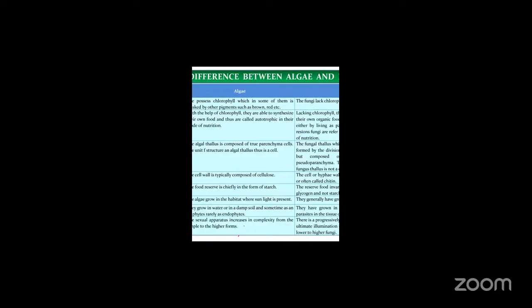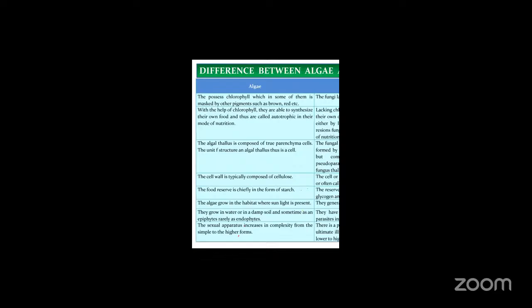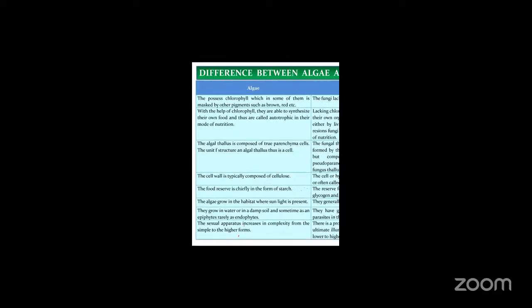But coming to reproduction in the algae, sexual reproduction increases in complexity from simple to higher forms, that is, from Chlorophyceae to Rhodophyceae. In Chlorophyceae, simple structures are present.